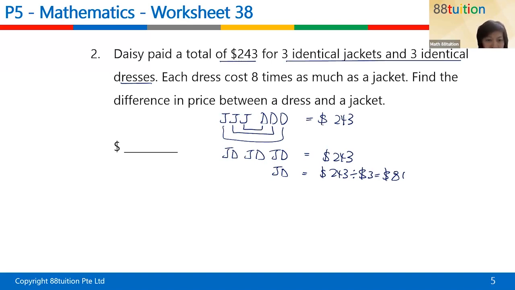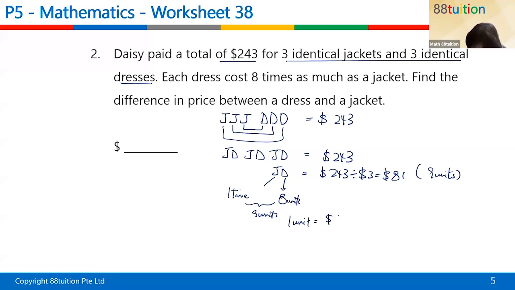And he gave another piece of information that the dress itself is 8 times, which is 8 units costing. J will be 1 unit costing, so the total will be 9 units for this. So meaning to say, you will have 9 units that will give you $81. So how to find 1 unit?